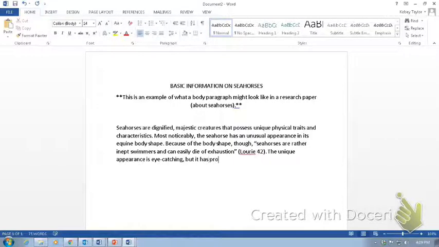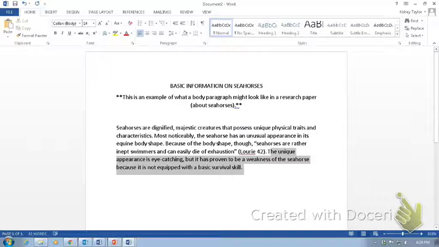But it has proven to be a weakness of the seahorse because it is not equipped with a basic survival skill. Now, in my opinion, and this is up to you, you've got to just kind of judge it as you go, but I feel like I need another elaboration sentence to go along with this first one about the quote.